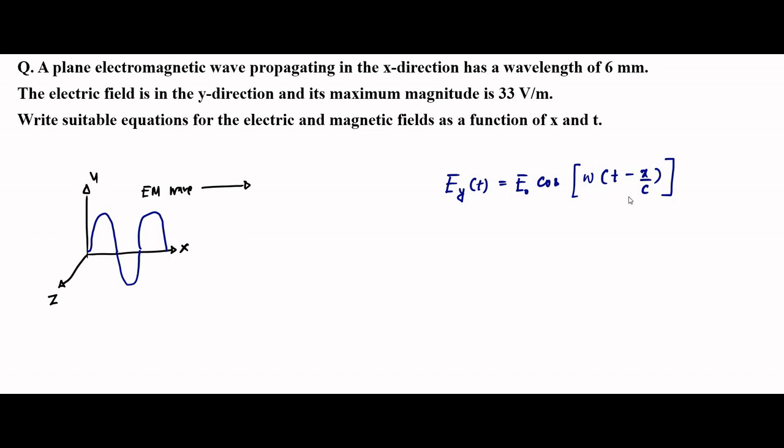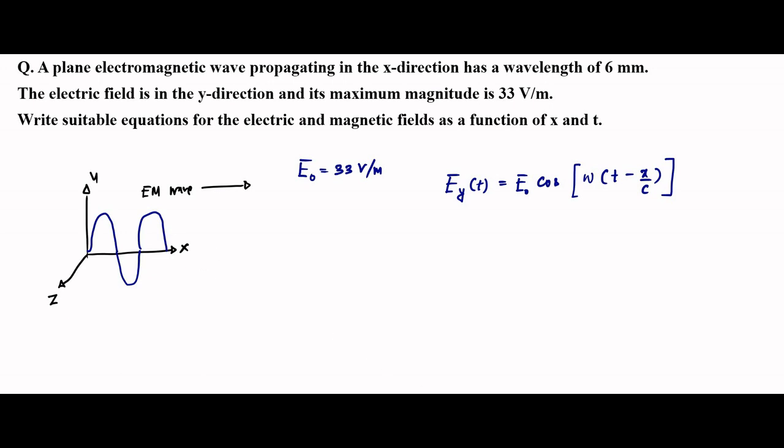How we got this expression, I have already derived in one of the previous videos, where we derived it from cos(omega t minus kx). So omega is equal to 2 pi f, and here E0 is the maximum magnitude, that is equal to 33 volt per meter.